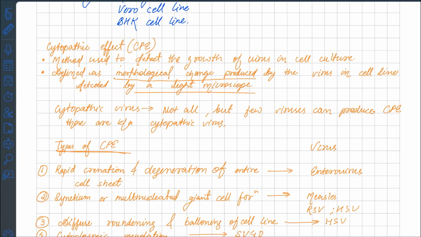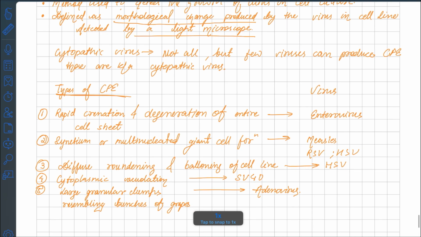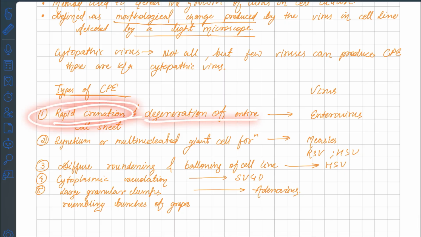Not all the viruses are cytopathic, but few viruses can produce CPE, and they are known as cytopathic viruses. Types of CPE are rapid crenation and degeneration of entire cell sheet seen by enterovirus.